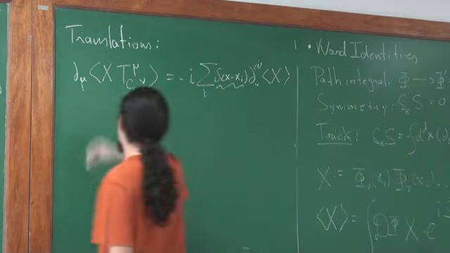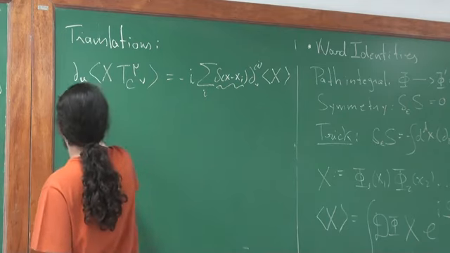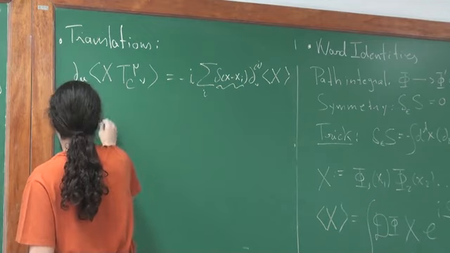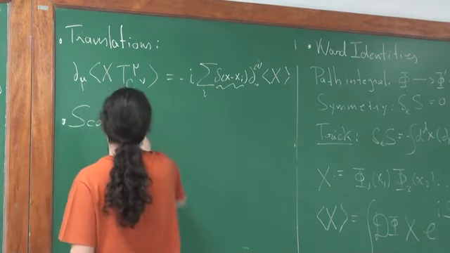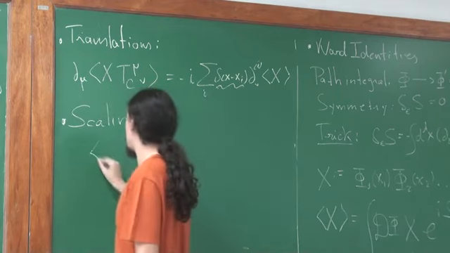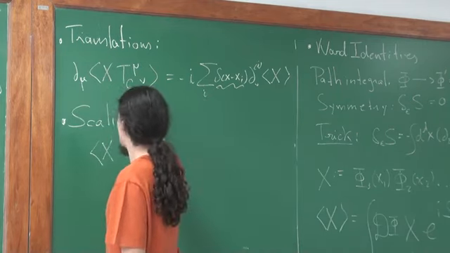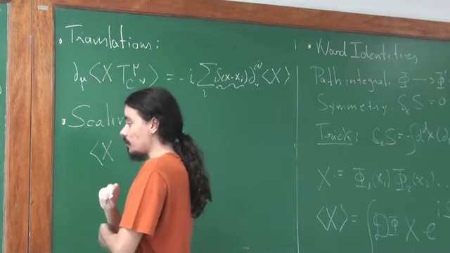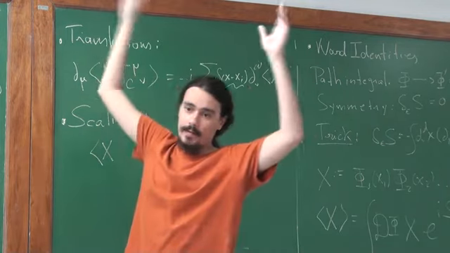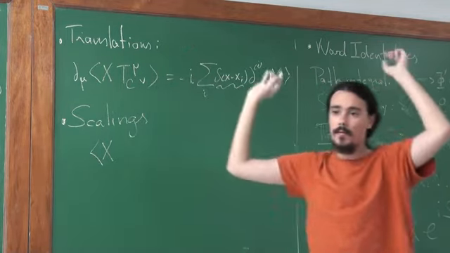And there's something for rotation, I'm not going to write it. Very interested in scalings, and I believe you can already guess what it is. It is basically, I have this X, the conserved current. Well, the conserved current would be the other conserved current that we had.